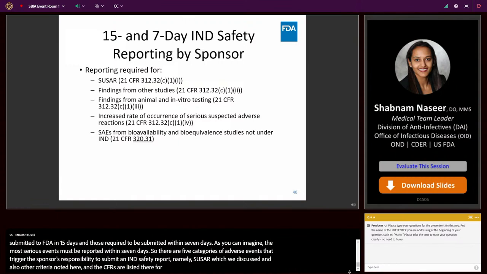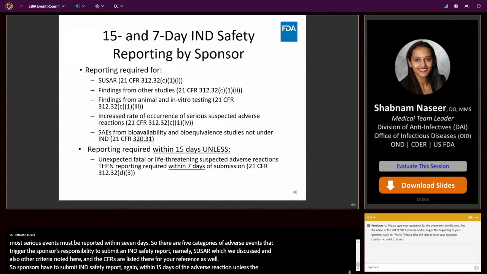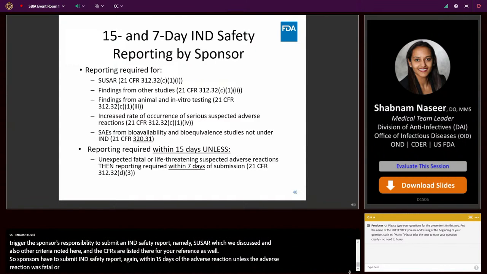So sponsors have to submit an IND safety report, again, within 15 days of the adverse reaction, unless the adverse reaction was fatal or life-threatening. And in this case, the report must be submitted to FDA within 7 days.